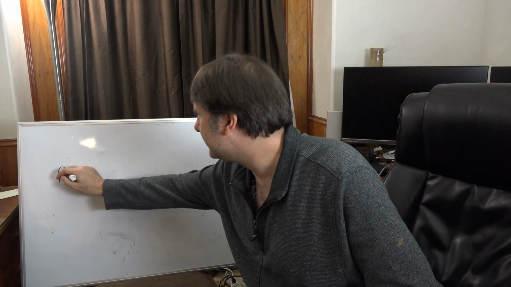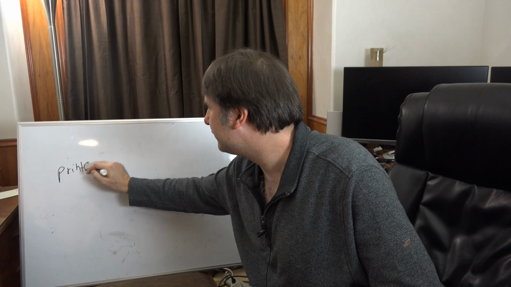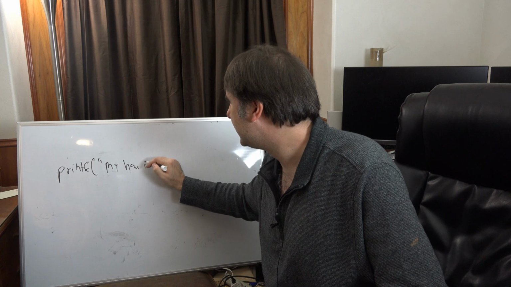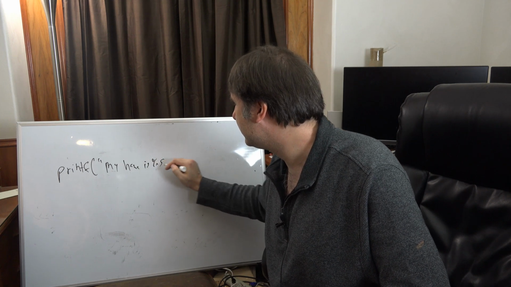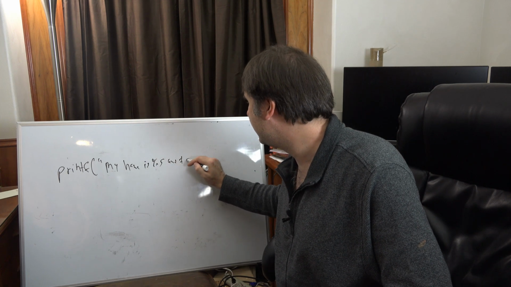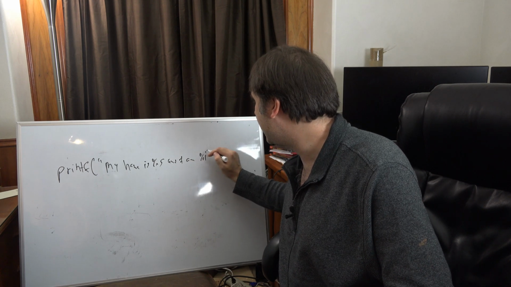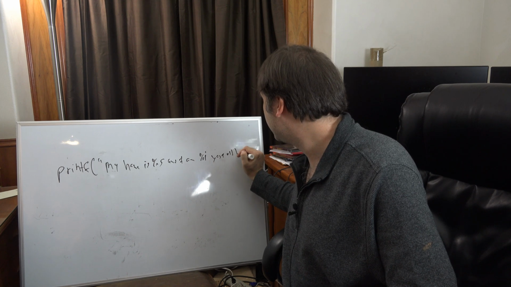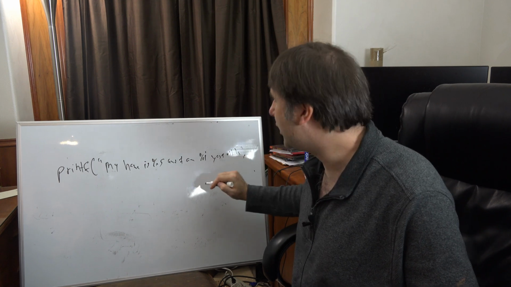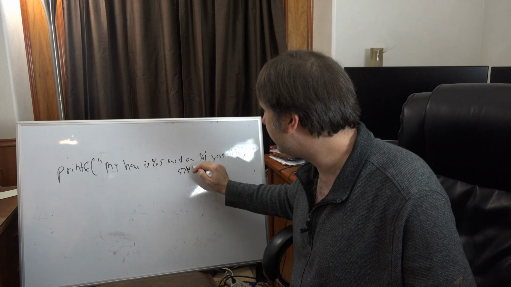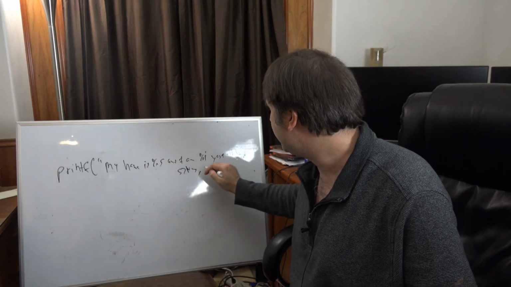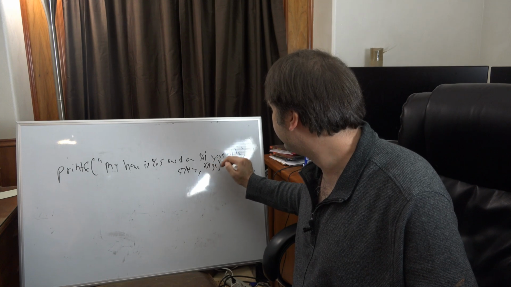And typically how it's used is, let's just create one. So we do printf("my name is %s, and I am %i years old\n", szName, iAge), where szName is a character pointer or character array, and iAge is an integer.